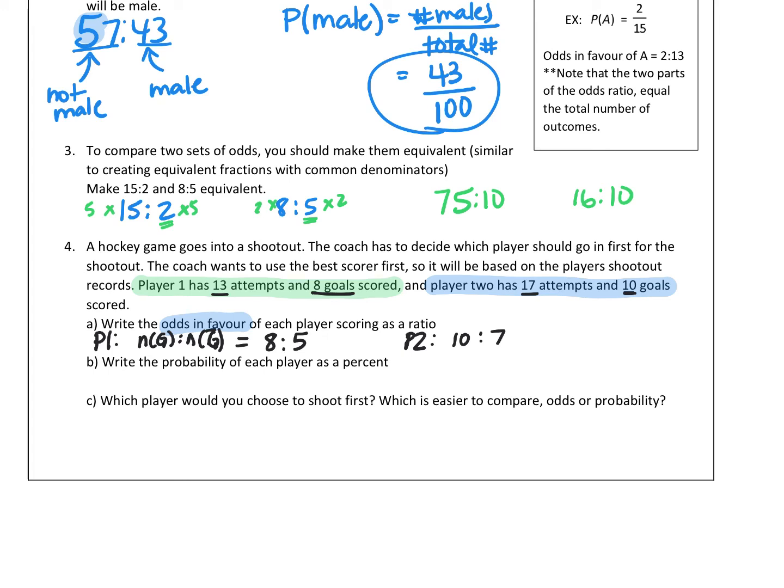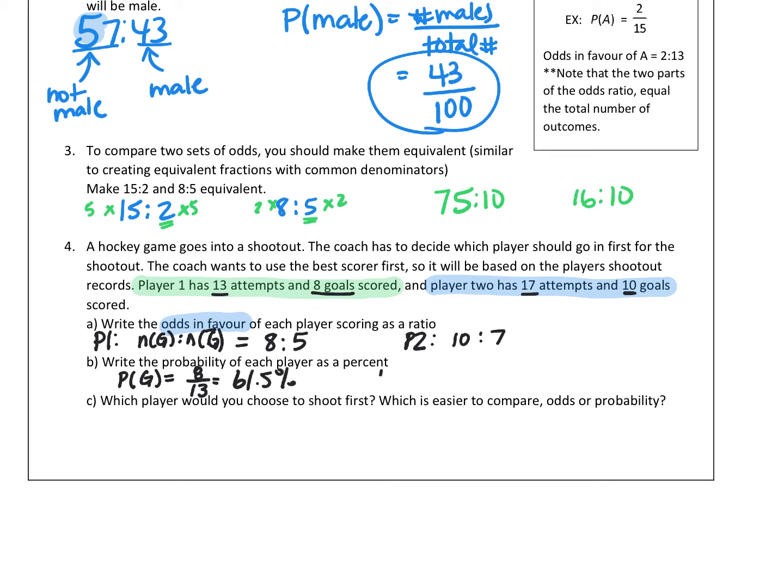Write the probability of each player as a percent. The probability of player 1 getting a goal is 8 out of 13, and we want that as a percentage. So you take 8 divided by 13 times 100, and you get 61.5%.